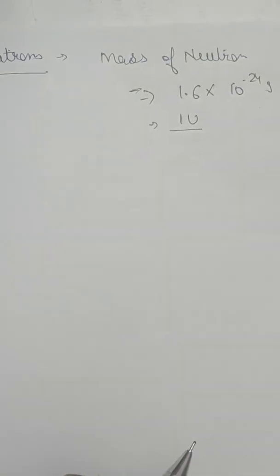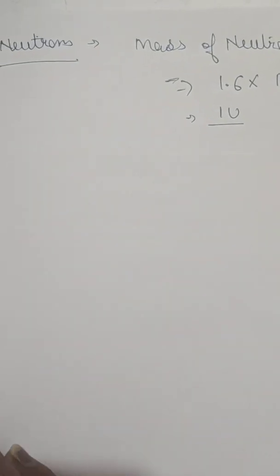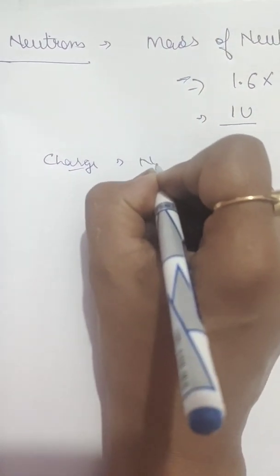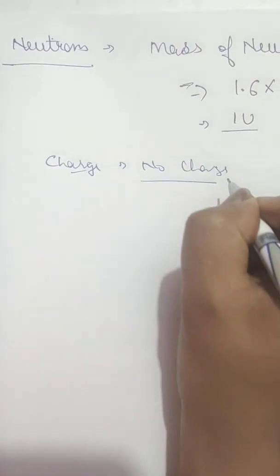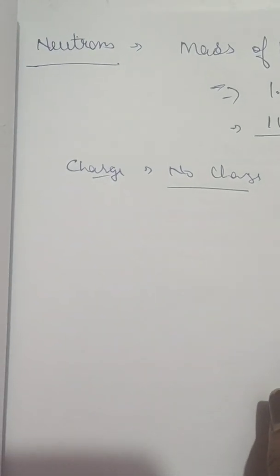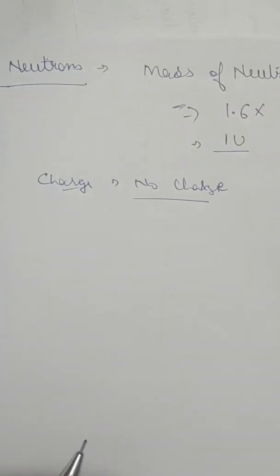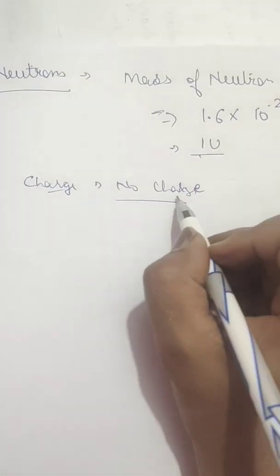So the mass of a neutron is 1u, but the neutron has no charge. It is neutral. So the neutron has only mass but no charge.